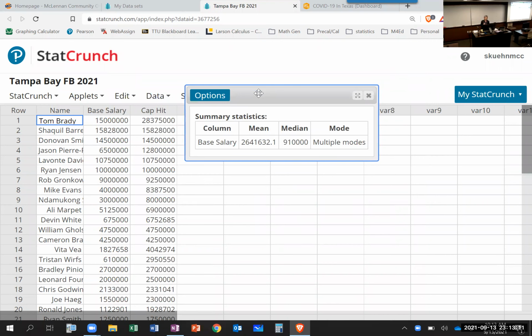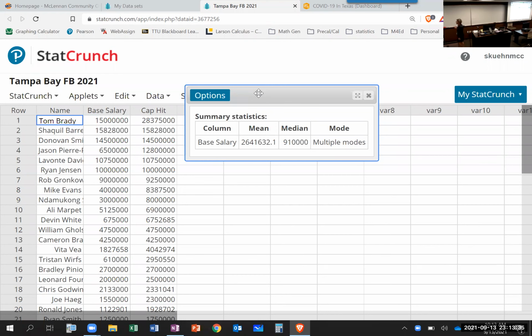So what this says is that for the players that year, we had an average salary of, what would that be, 2.6 million? $2,600,000 $641,632, right? So 2.6 million is easier to say right now. Okay, that's the mean.